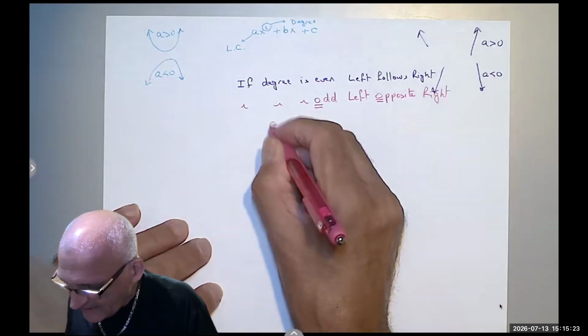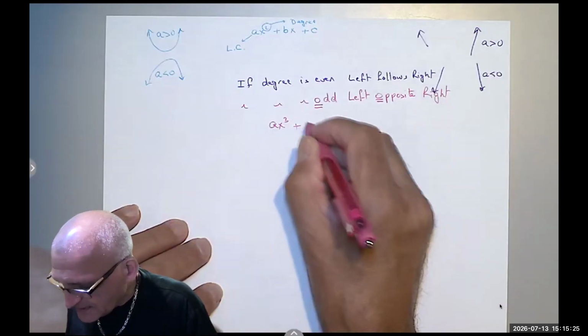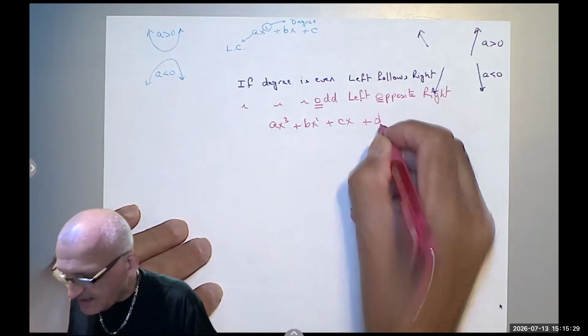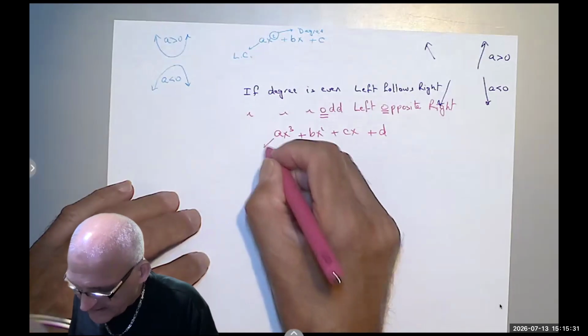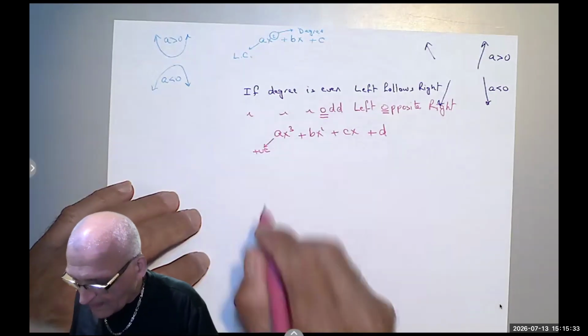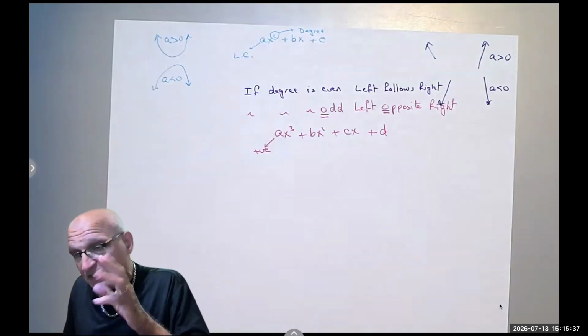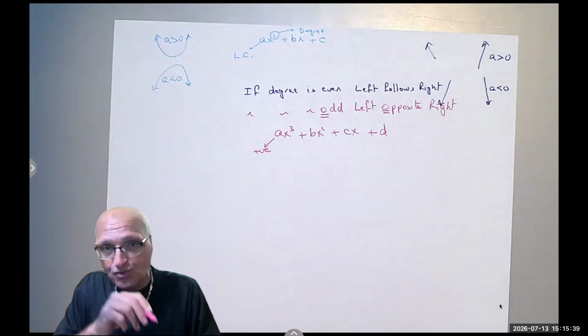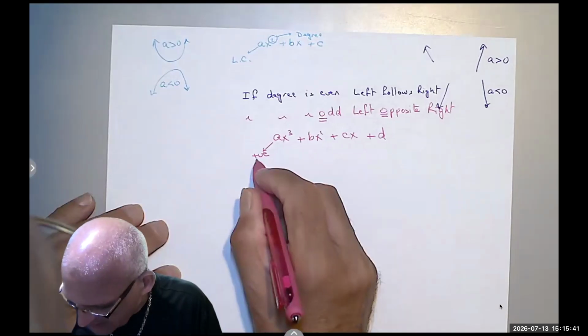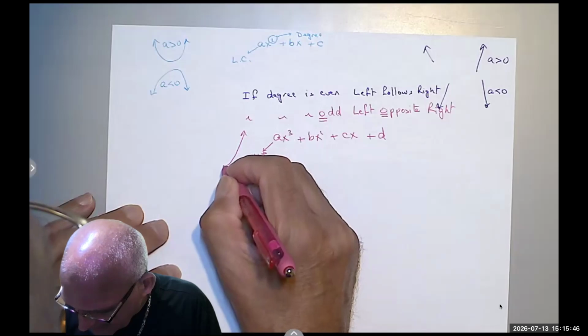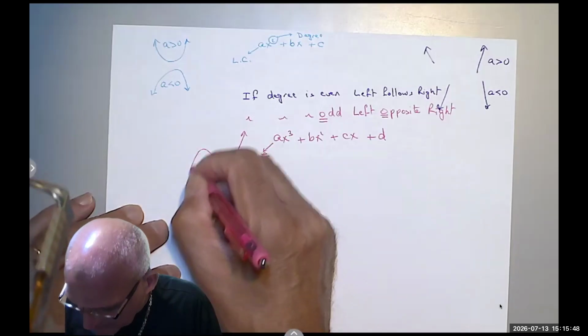So if I have ax cubed plus bx squared plus cx plus d, and if a is positive, I get something that looks, first of all, remember we said it can have two curves. So I will see the right-hand side is going up, and then there is a curve and another curve.